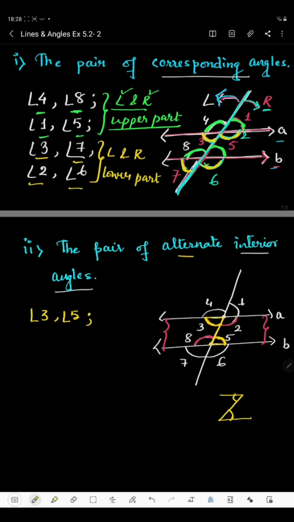Interior angles are 2 and 8 because 3 and 5 already we have taken, so another interior angles will be 2 and 8, and this is alternate interior angle as this 2 is on the right side and 8 is on the left side. It's alternate. If you are taking the angle on the right, then another angle should be on the left, but if you are taking on the upper side, then another should be on the lower part, okay. So angle 2 and 8 is alternate interior angles, okay.